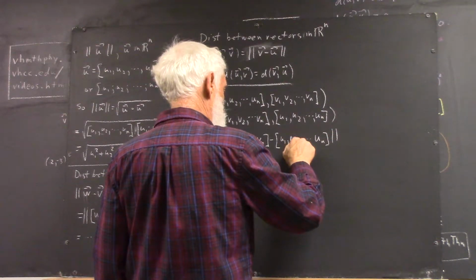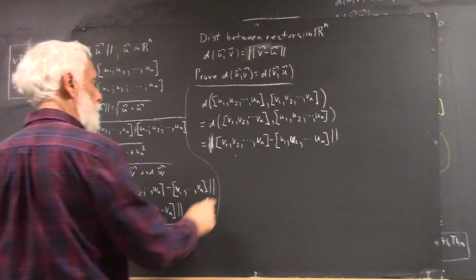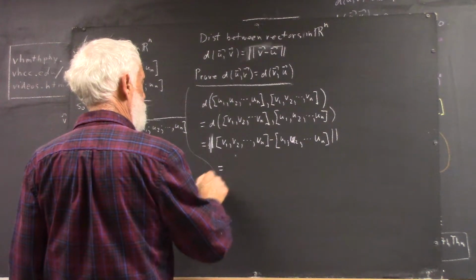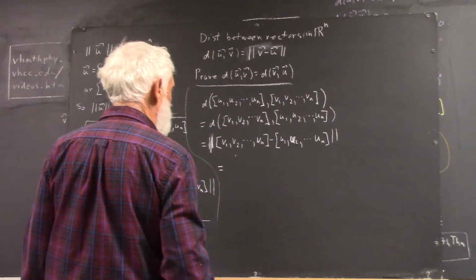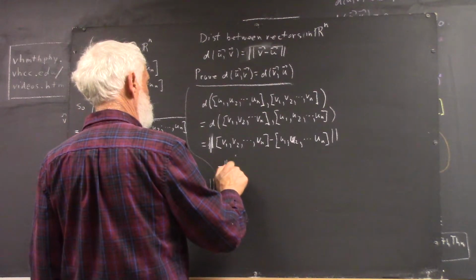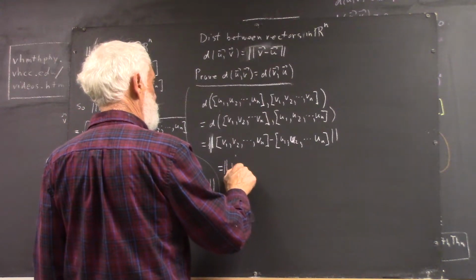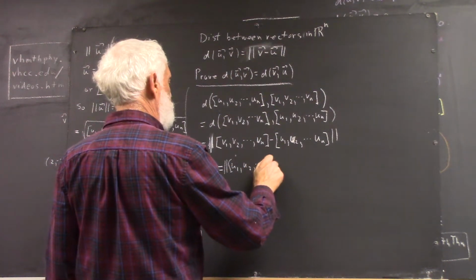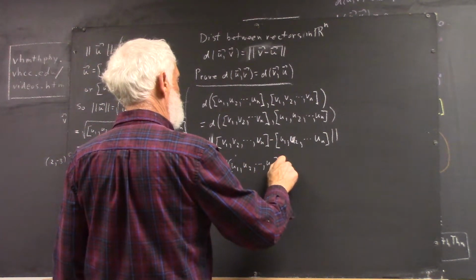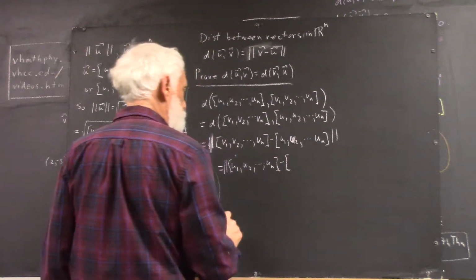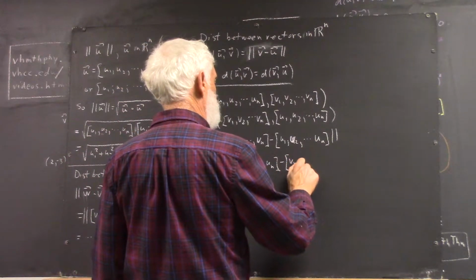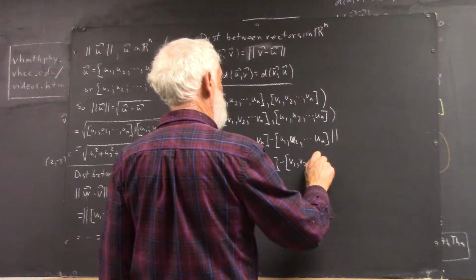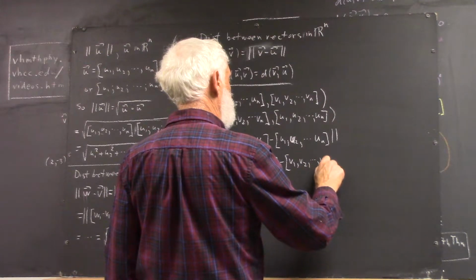Okay, this is a U. And that should equal the magnitude of U1, U2 through UN minus V1, V2 through Vn.